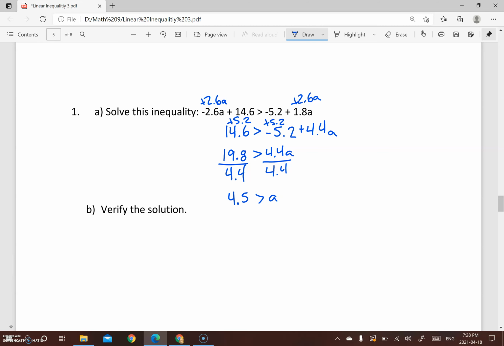To verify this solution, first I'm going to plug in 4.5 into both sides to make sure both sides are equal, so that I know that was that turning point. I know my sign is reading greater than, but I could also change it over to an equal sign just so that I know I should have both sides being equal to each other, because 4.5 is the point where it would change over.